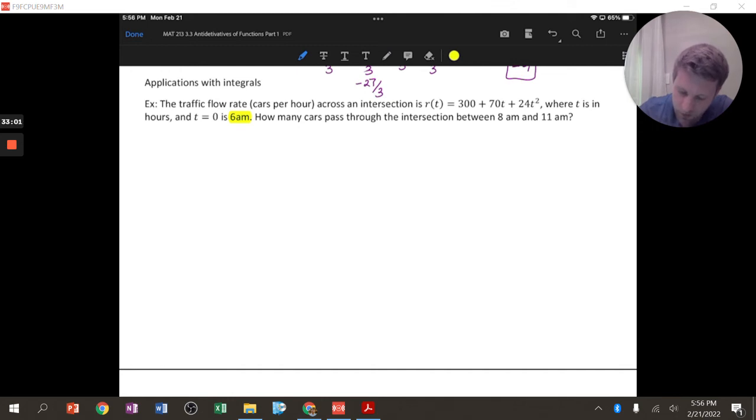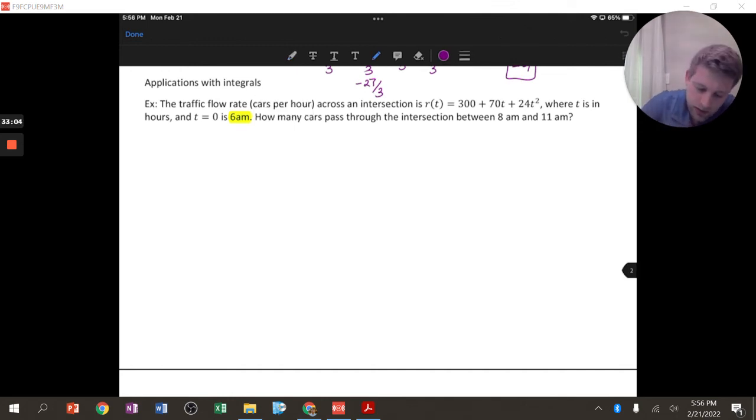So we're going to set up this integral in general from 2 points, we'll call them A to B, of our rate function. In this case, we'll have our R of t function dt. And we just have to figure out, well, what are our bounds of this integral? And then what is our rate function that describes this rate of change? So there's our rate function.